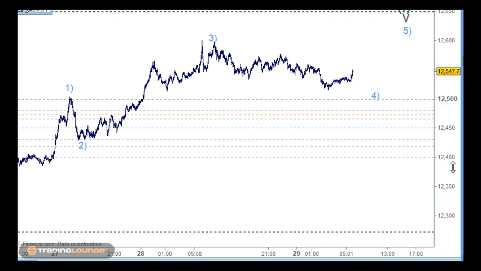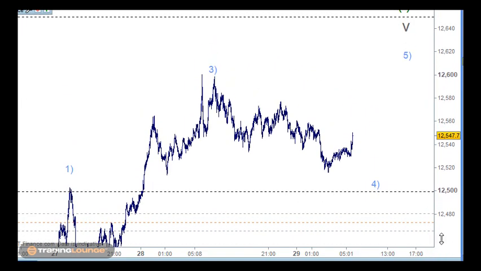So I mean this is over, this wave 1 here coming down here, this has been overlapped here now, so it does make it a bullish pattern here. But I'm still 1 wave short here for this wave 4 here.